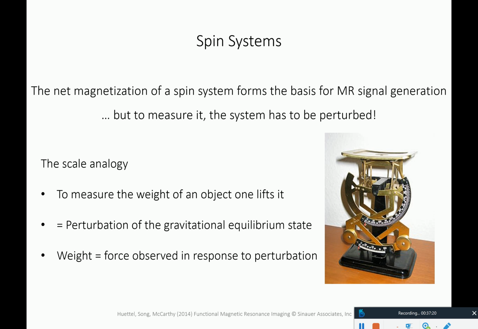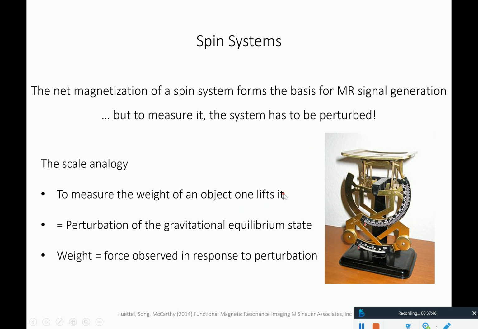So the thing is, if a system is just at equilibrium, you cannot really measure it, so you need to perturb it. And you are familiar with this: if you measure a weight, you have to lift it and then let it exert its mass power, essentially, and get to equilibrium again.